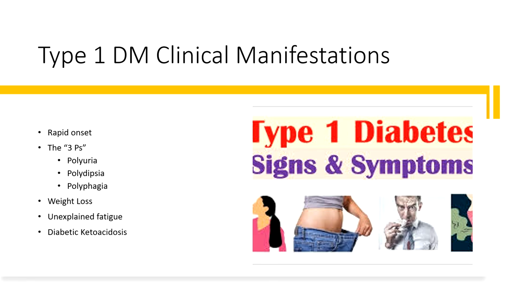Okay, that their blood sugar might be elevated. Unexplained fatigue happens because there's no energy going into the cells, so they are going to feel really tired. Okay, diabetic ketoacidosis is one of the complications that can happen to these patients that have type 1 diabetes.